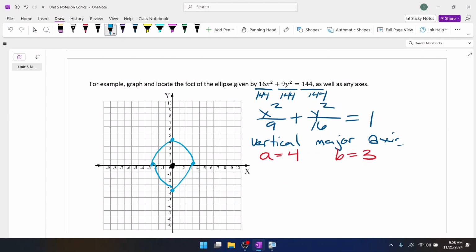Yes, A and B are always going to be perfect squares in this class. If A and B were not perfect squares, it would get ugly. Technically they don't have to be, but I'm going to always make it that way.